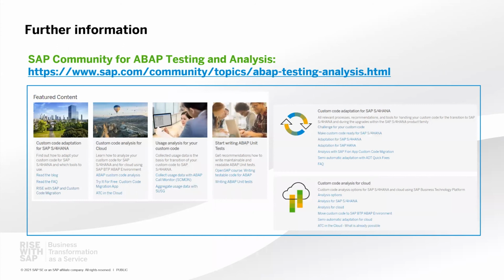Okay, all the information which I provided you today is also available in our SAP community for ABAP testing and analysis, and I really encourage you to visit it. There you will get the information in the form of short blogs about custom code adaptation for SAP S/4HANA or custom code adaptation for SAP Business Technology Platform, and you will get the information how to analyze your custom code and how to move the custom code to, for example, SAP BTP ABAP Environment, and which findings and issues in custom code can be adapted using the quick fixes.